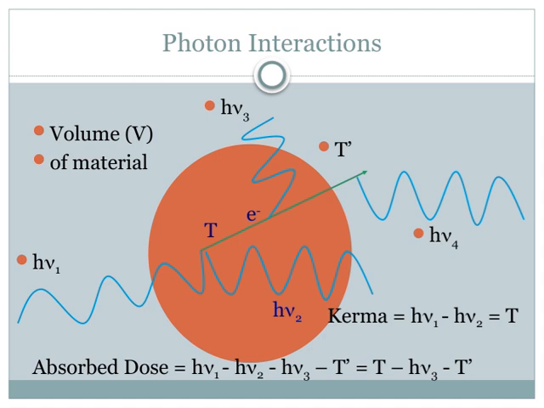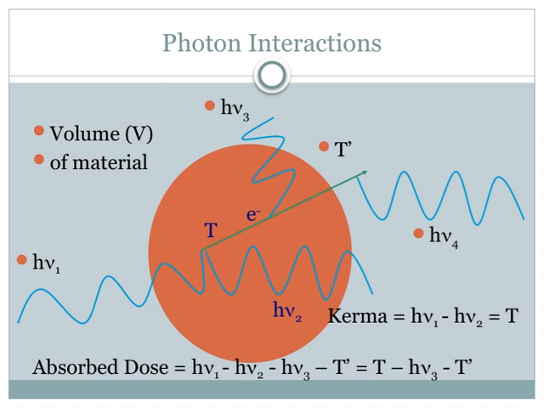Some is scattered or transmitted. The diagram also shows the volume of material, V, and the photon interactions within it. The electrons, or E, are the primary agents that deposit energy, transforming photon energy into other forms. Overall, these concepts help us understand how energy from photons transfers to tissues or materials, and how we quantify that transfer through dose and Kerma.